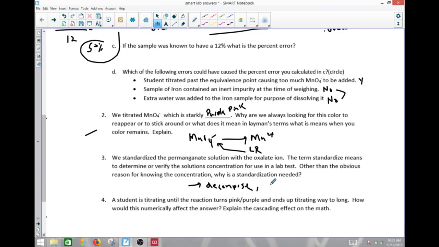Some chemicals will pick up water. We call this hygroscopic. So basically we want to make sure there was no change to the actual substance, that what you weigh, that what you're measuring is actually what you have.